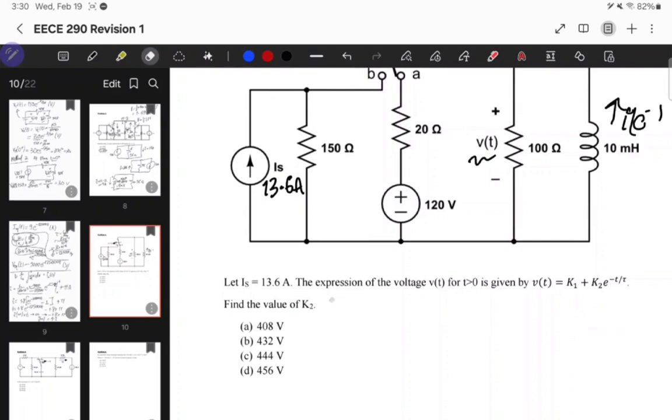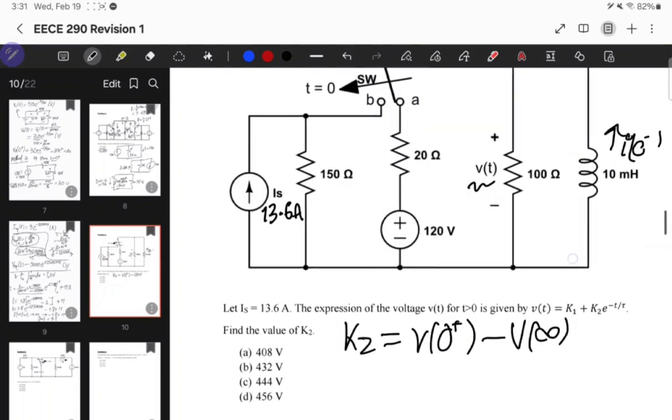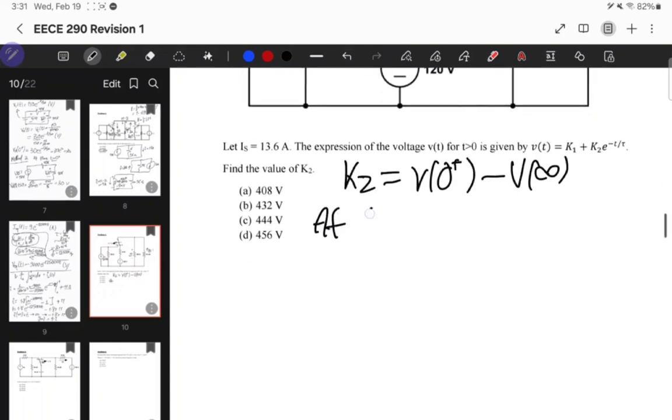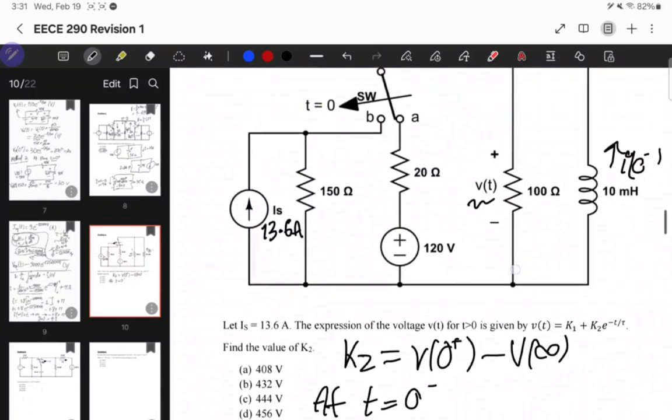So K2 is equal to V at 0 plus minus V infinity, and we need V0 plus, so we need I at 0 minus. So at time equals 0 minus, I draw the circuit before switching.